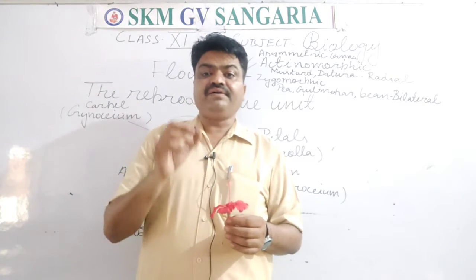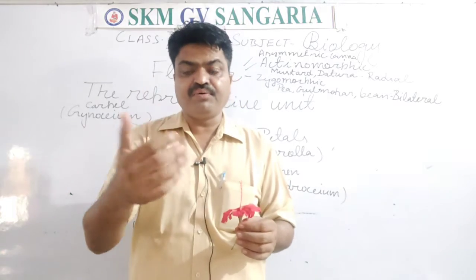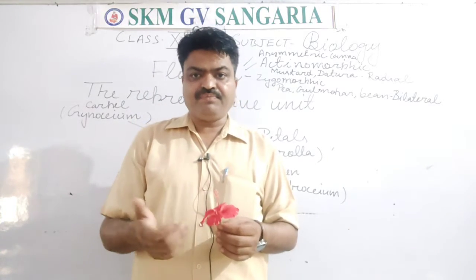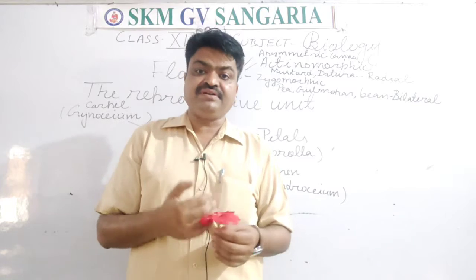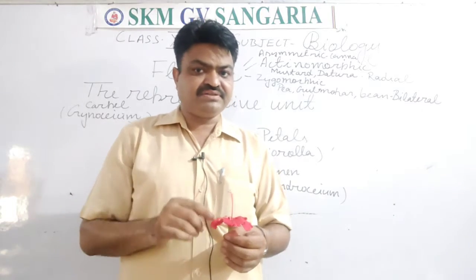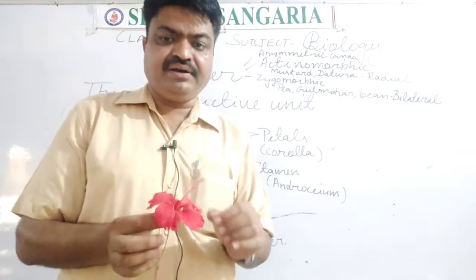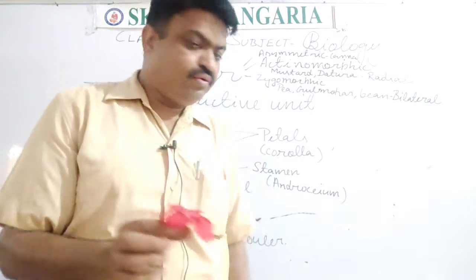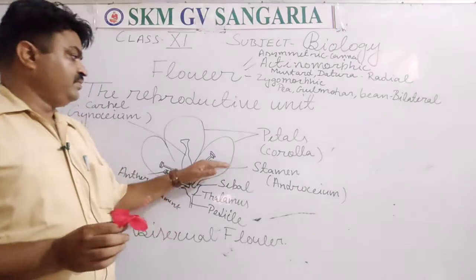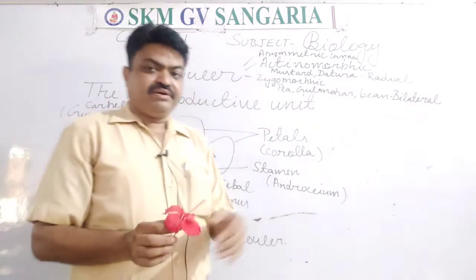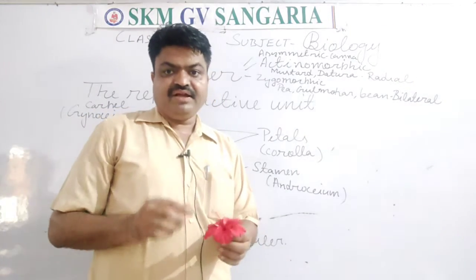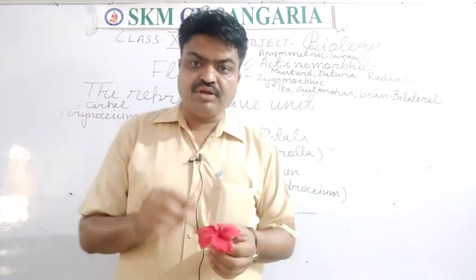Pollinators are the agents that help in pollination, and with the help of pollination fertilization takes place in plants. This attractive part of the flower is known as the petal, students, and the group of petals is also known as the corolla.